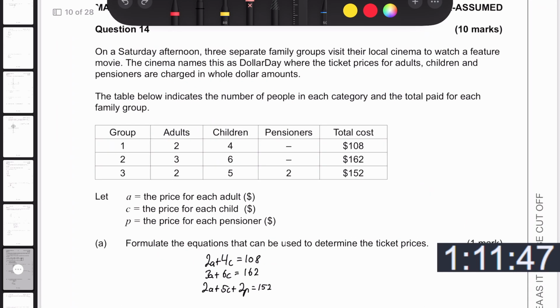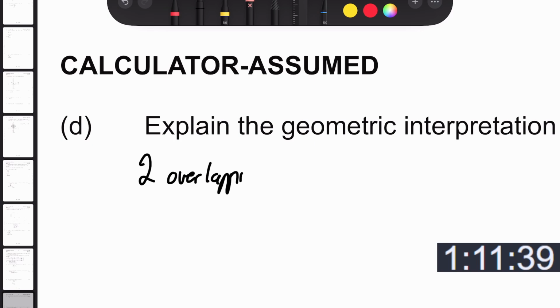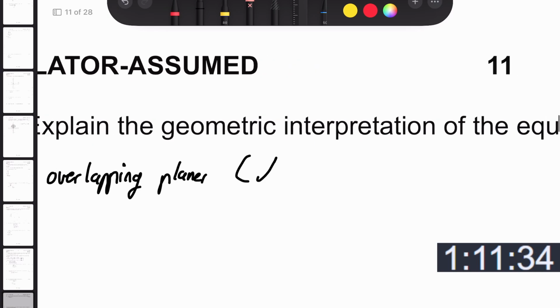They're overlapping, so two planes overlapping with one that intersects them, as equation 2 equals 1.5 equation 1.